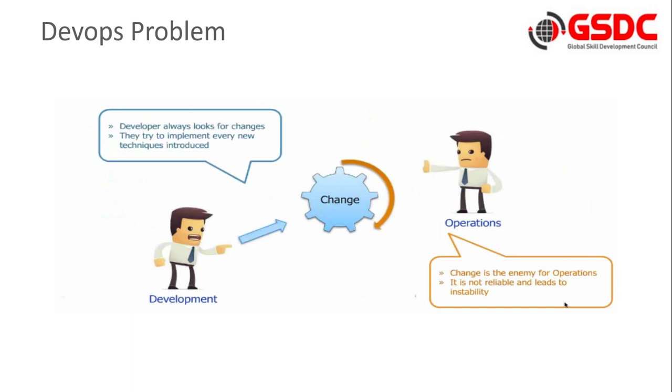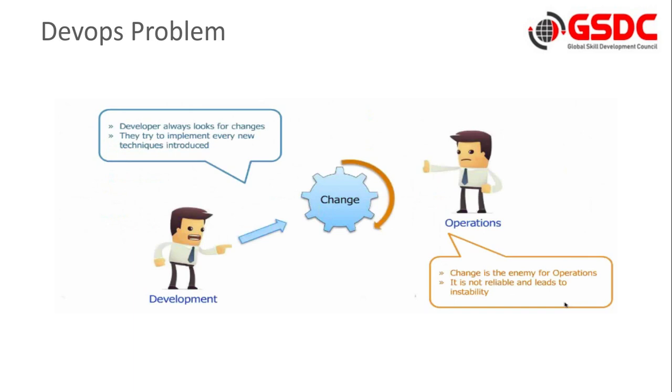Then they test it, and it is given to the operations team. This operations team deploys the application on the production environment. Now, if there is any problem in the production environment, that application is given back to development with a new requirement.